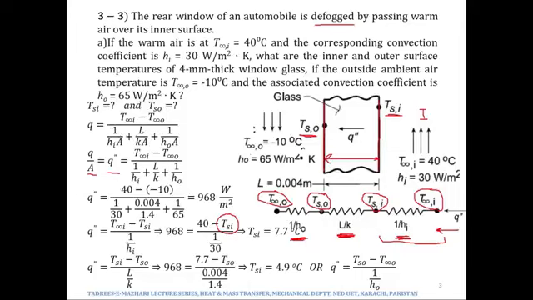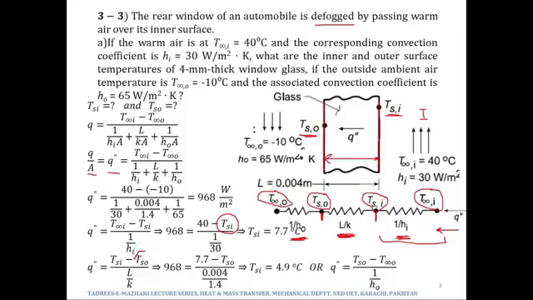Now, in order to find out Ts naught, we can write Q as delta T over resistance. There are various forms that can be used. For example, what I have written over here is Q heat flux as Tsi minus Ts naught over the resistance that falls in between these two, meaning L over Ka.